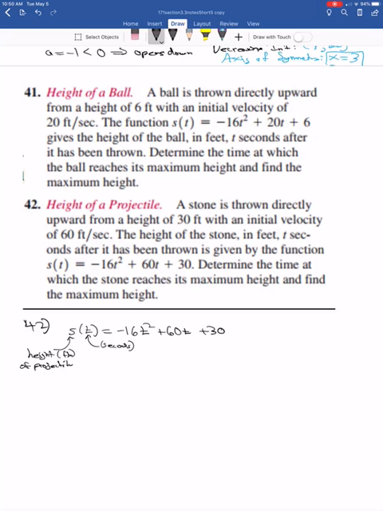So with that said, it's a quadratic model, right? And let's draw a visual of this. So we're standing at a height of 30 feet in the air. Maybe you had a hill you're standing on, 30 feet up in the air.